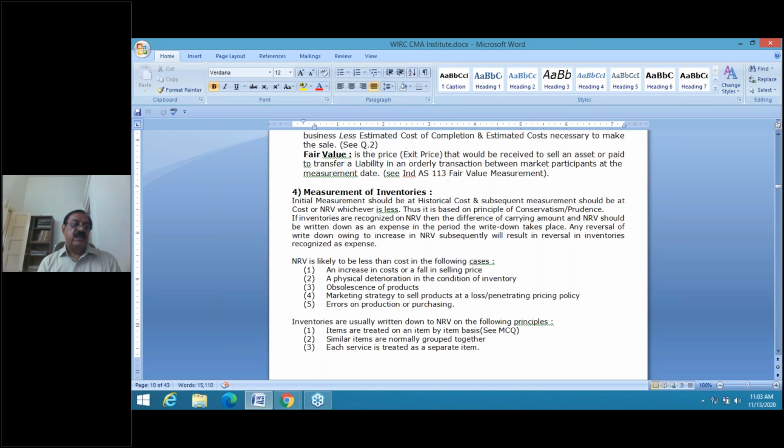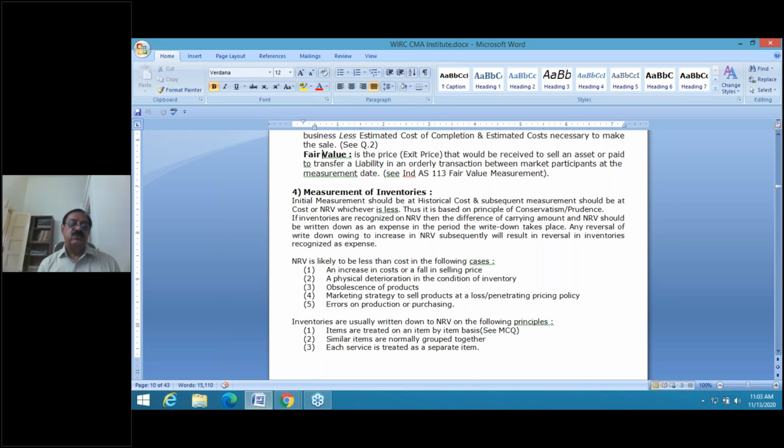If inventories are recognized at NRV, then the difference between carrying amount and NRV should be written down as an expense in the period the write-down takes place. We have understood the same thing in the case of the refrigerator. In stock, on the debit side we have shown 15,000 purchase cost, and on the credit side inventory is shown at 14,750. So obviously 250 rupees per refrigerator loss is booked in your P&L account.